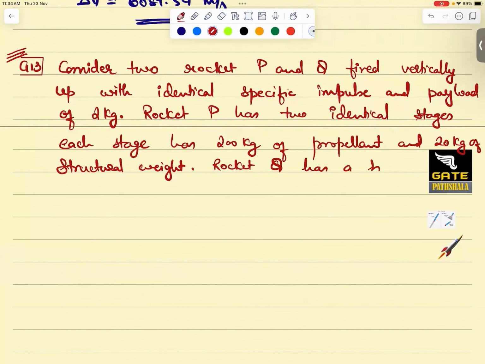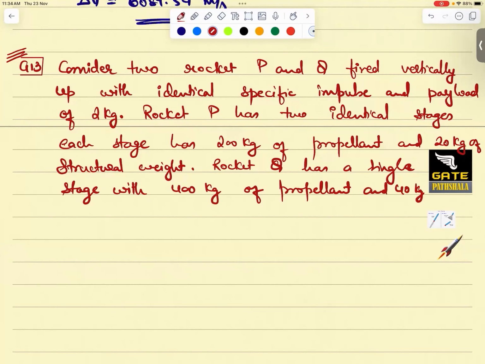has a single stage with 400 kg of propellant and 40 kg of structural weight.